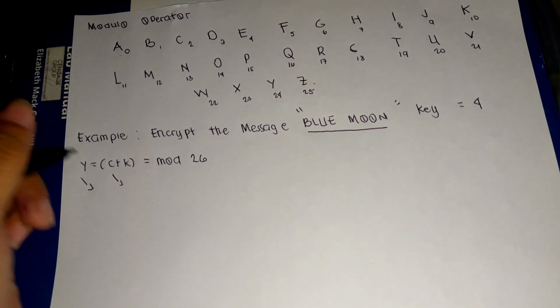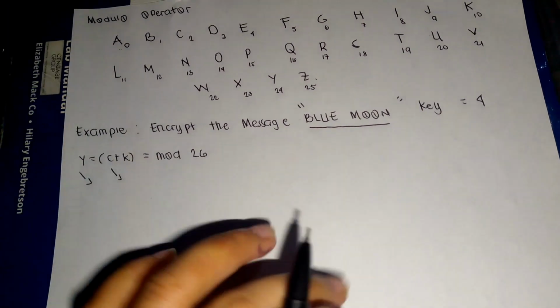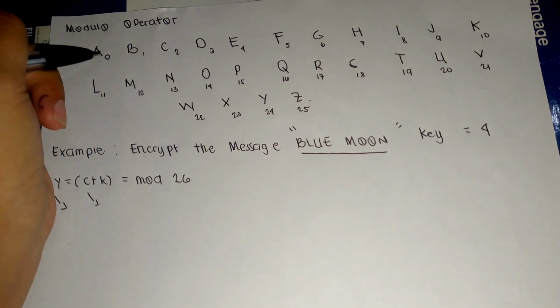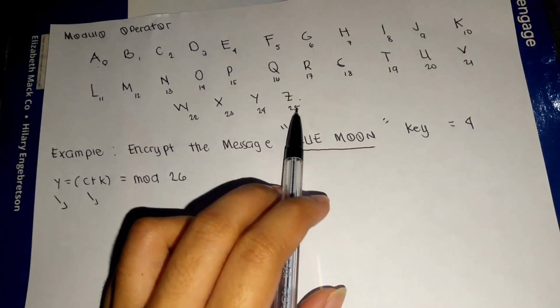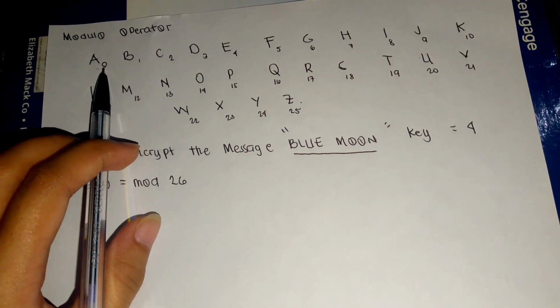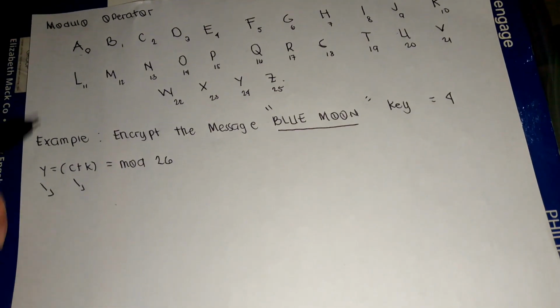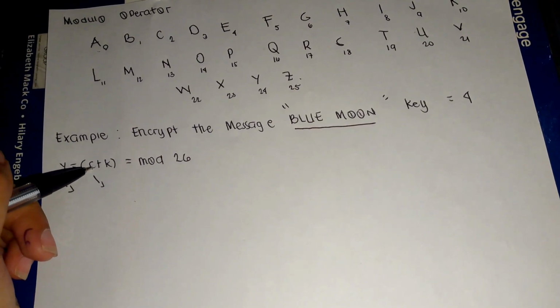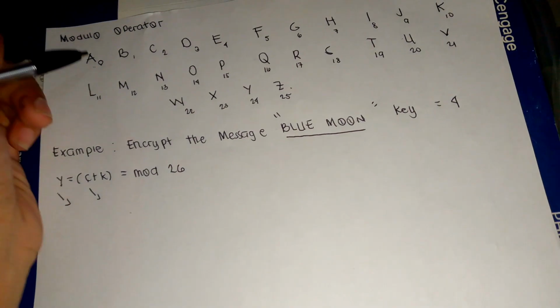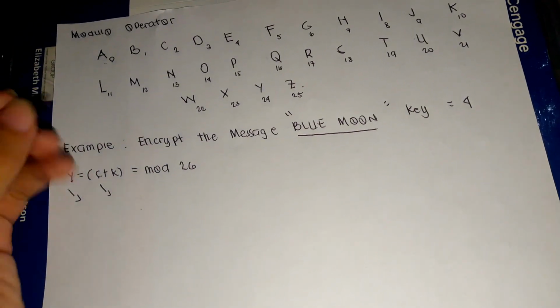number of this letter. As you can see, A is represented as 0 to 25. Why is it not 26? Because we start at 0. Okay? So, C is represented as the corresponding number of Y. Y is the letters of the alphabet.